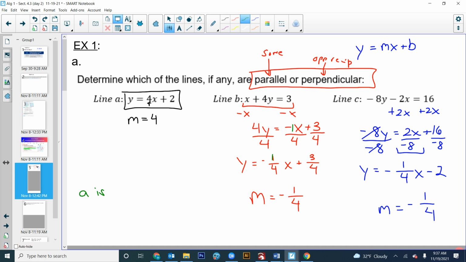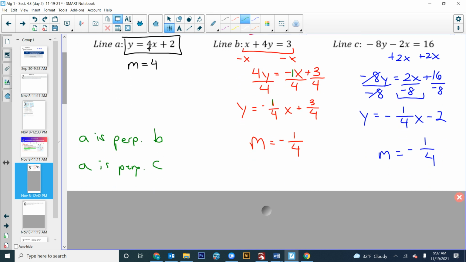I like it. A is perpendicular to B. A is perpendicular to C. And B is parallel to C. You guys good with that?